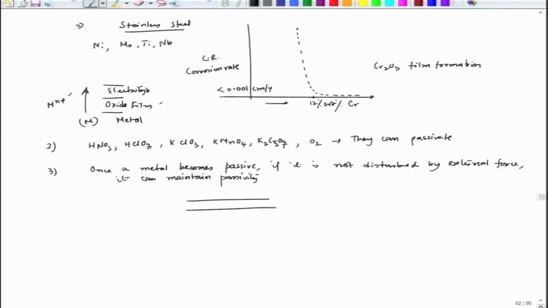So, for example, we have a passive layer, this is the passive layer. This is the metal surface. Once we have a kind of break in the passive layer, let us say this is the break. So, this zone is broken. In this zone we have exposed metal surface.